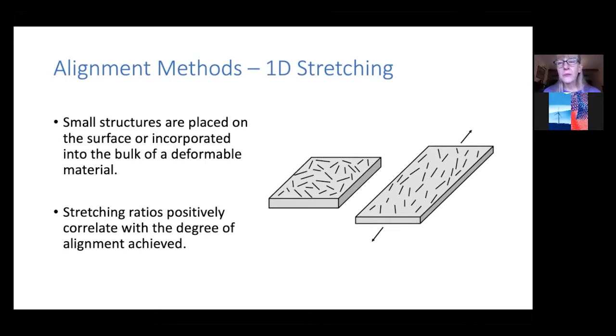You can think about just a rubber band in the simple case, and the small scale structures are placed such that they are not going to come off of the deformable medium, and then the substrate is deformed, stretched.